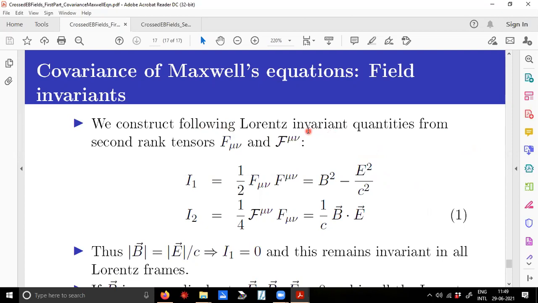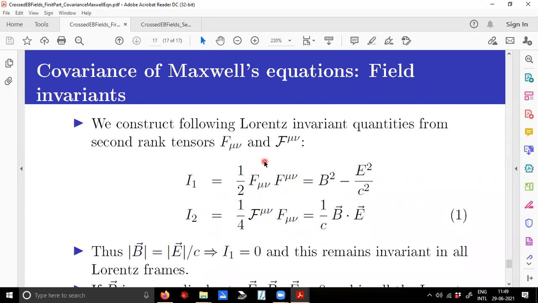Like that, if you are given a second rank tensor F mu nu and its dual tensor, how many independent Lorentz invariant quantities can you find? Only 2, which can be proved; I don't prove it here. If you take F mu nu and contract it with F mu nu, this is a Lorentz scalar because I have contracted the tensor indices.